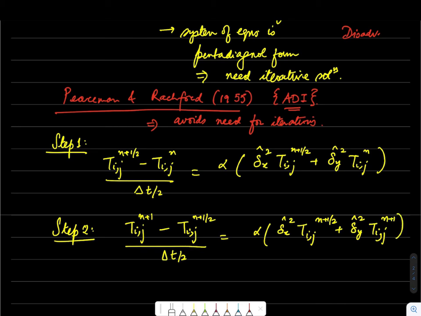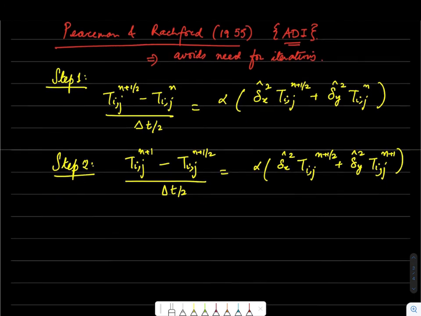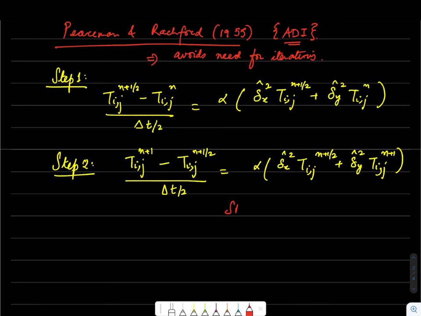So what have we achieved now? By doing this, we have split the calculation process. This is an example of splitting of the calculation process, and by splitting we are now going to solve only a tridiagonal system of linear equations for each of the two steps.